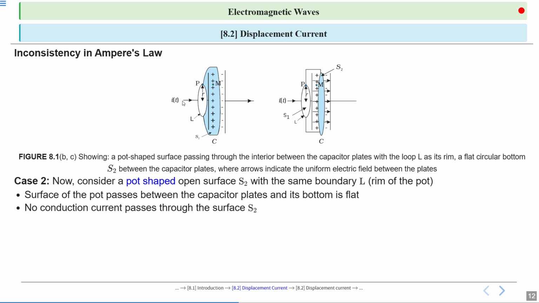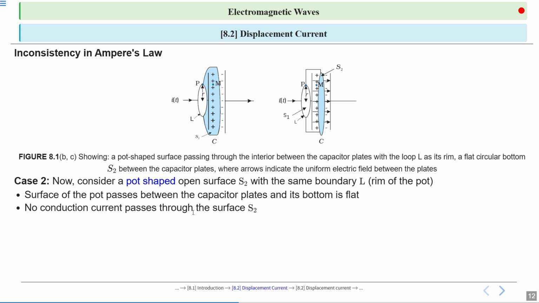Now you can see conduction current is entering this loop, but the surface enclosed by this loop is like a pot, and the current is terminating here at this positive plate. Beyond this positive plate, between the positive and negative plates, there is no conduction current. So current is not passing through that flat bottom surface. That means current is not passing through the area enclosed by that loop.